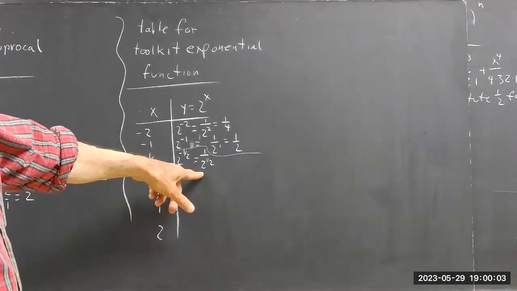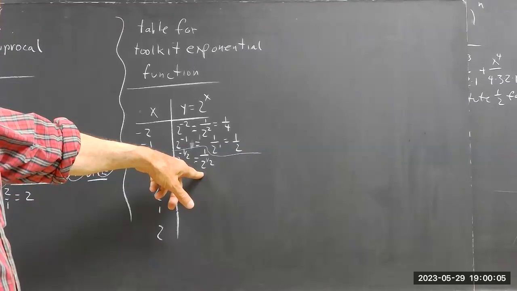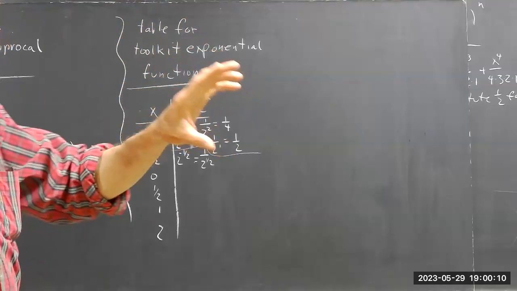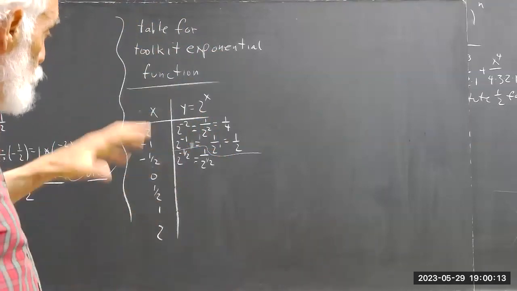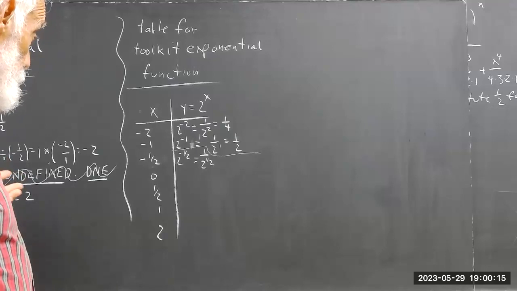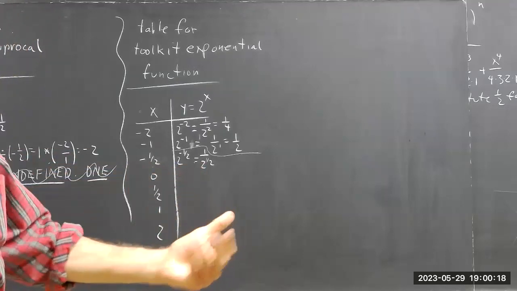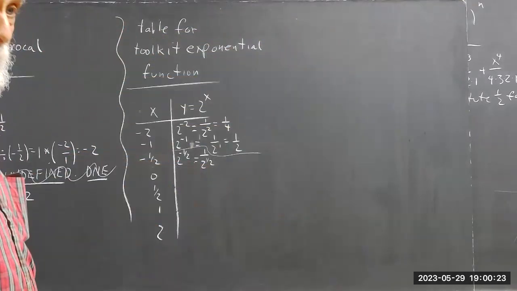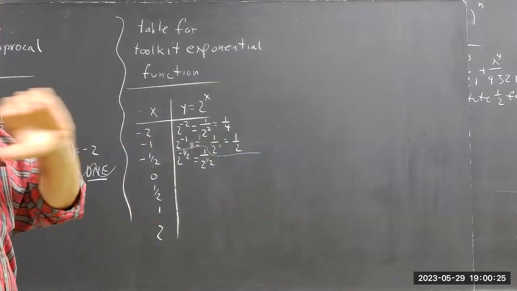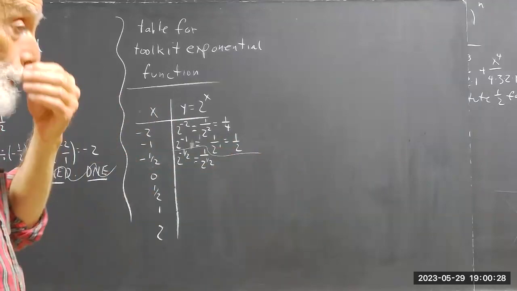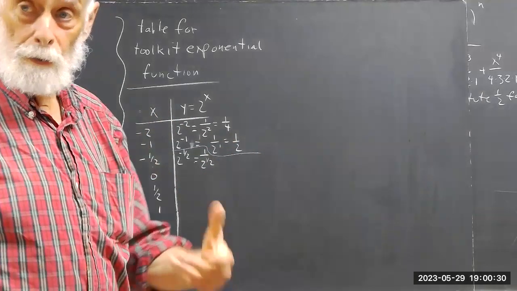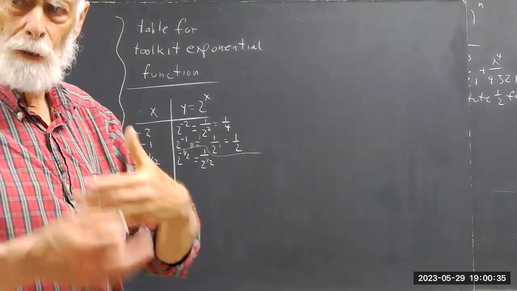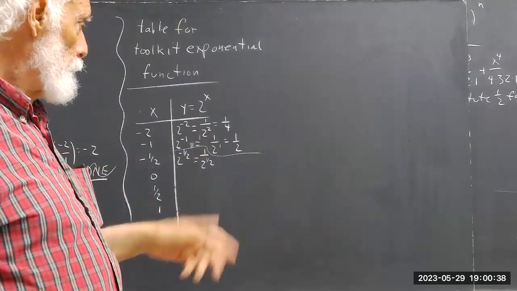But we can't calculate that. In the video on the explanation of the arithmetic for the Toolkit functions, we established that to do e to the 1/2, you have to do an infinite number of calculations, and 2 to the 1/2 is the same thing, but the calculations are even worse. The simplest number you can calculate the 1/2 power of that's not an integer is a perfect square of a simple fraction or an integer.